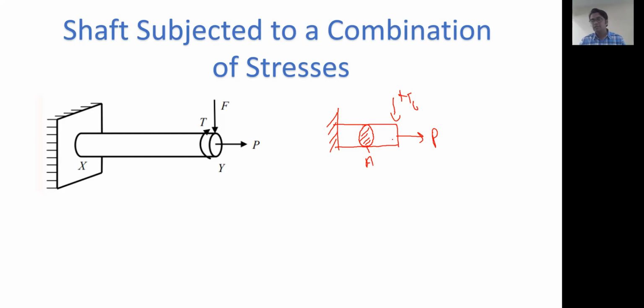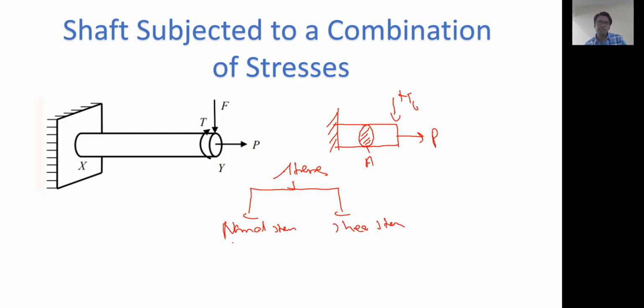For that, you have to think about what different types of stresses we have studied in mechanics of solids. It will be just a quick revision for you all. Stresses can be of two types: the normal stress and the shear stress.